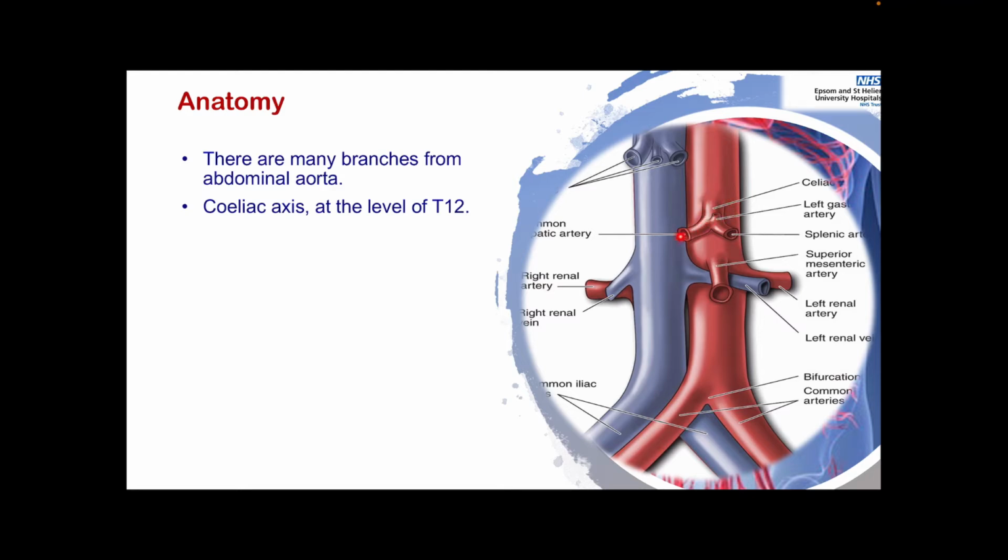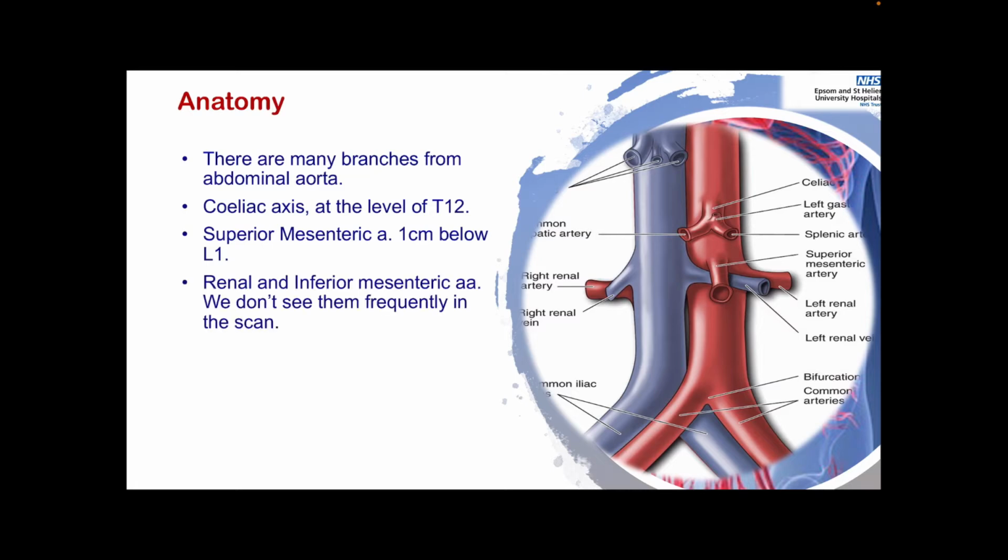The celiac axis gives us 2 branches, the common hepatic artery and the splenic artery, and we have the left gastric artery, and we have also the superior mesenteric artery, which is a branch of the abdominal aorta in the lower level. It's 1 centimeter below L1. We can see this is the inferior mesenteric artery.